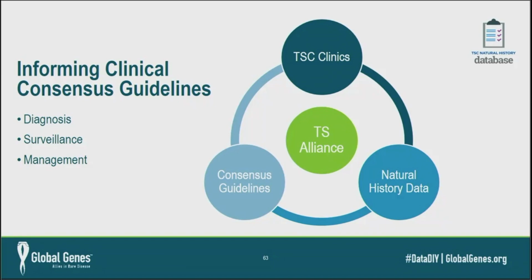And by having those clinics and collecting data from a subset of them, from 18 of them, we have our natural history database that can help inform our clinical consensus guidelines, which then feeds back to how the clinics practice, which then affects the subsequent data. And so we can continue to learn in this cycle.